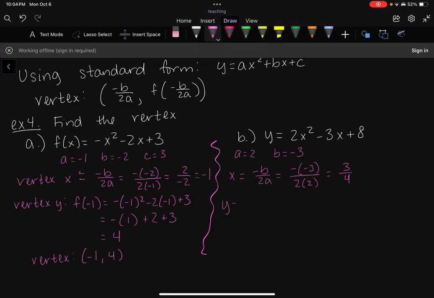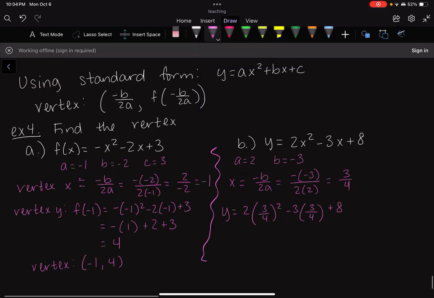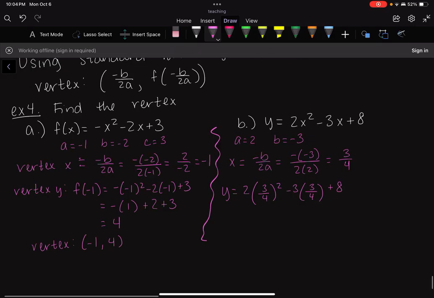For the y, we just plug in that x, so I get 2 times 3 over 4 squared minus 3 times 3 over 4 plus 8. Now, I try not to give y'all stuff that looks this ugly, but we'll do it just to do it.